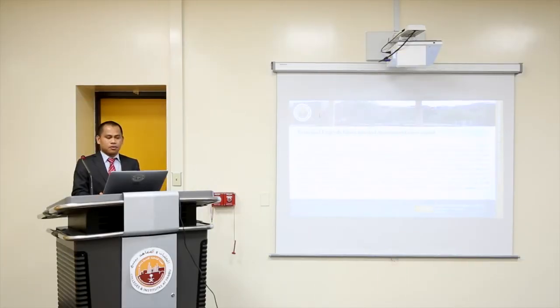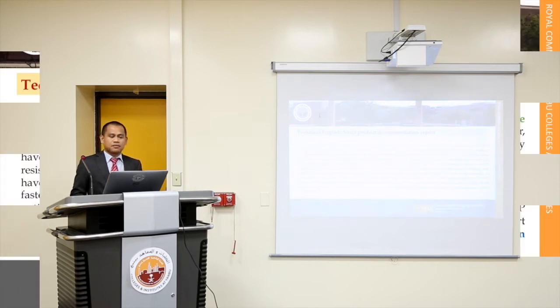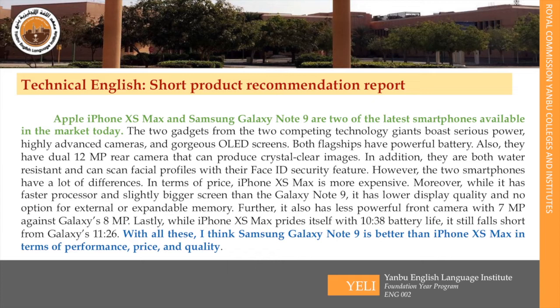Now, you have your example of a paragraph comparing two products. Those two products are iPhone XS Max and Samsung Galaxy Note 9. You would notice that in the topic sentence, I mentioned these two products and a brief description of the two.